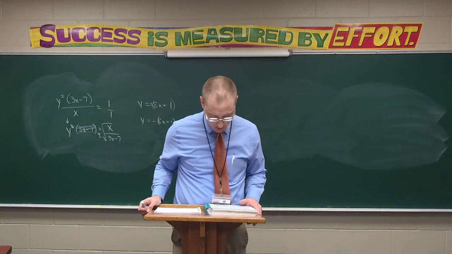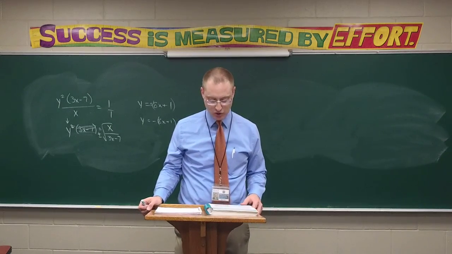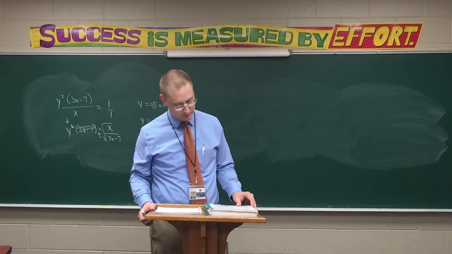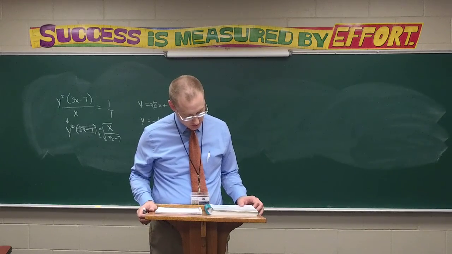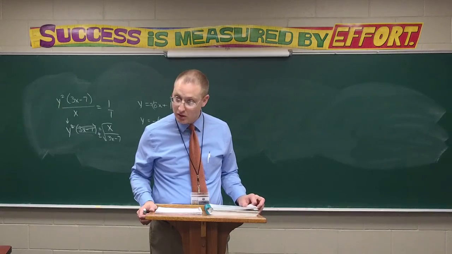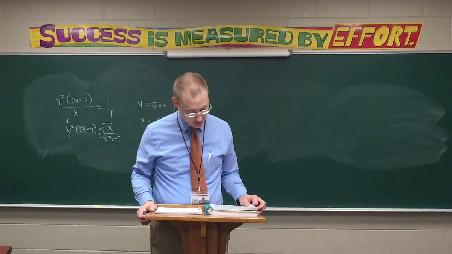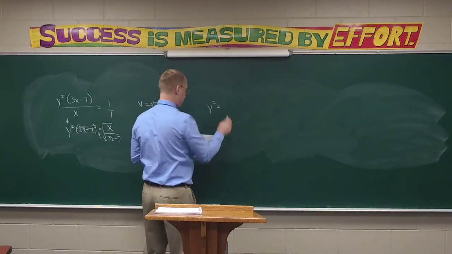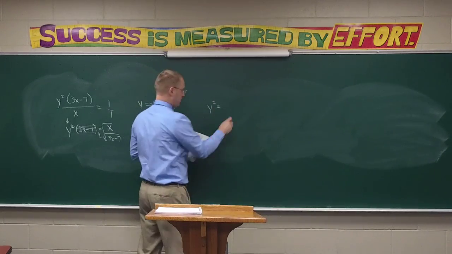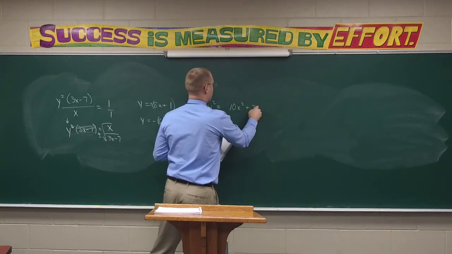What about number 24? What did you get when you solved for the y on this one, Abby? I got y equals, I had y squared still. Okay, so you had y squared equals what? Well, 10x squared plus 3x equals y squared plus 3x squared.